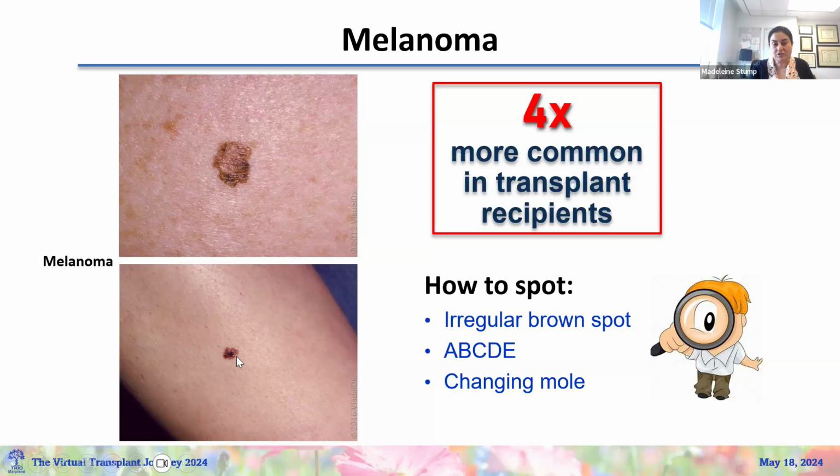So diameter changes, E stands for evolving mole, color changes. You can see that there are different colors within the mole. The border is irregular, and A stands for asymmetry, meaning if you draw a line in the middle of the lesion, the two sides are not the same. Most commonly it is from a changing mole, a brown lesion.